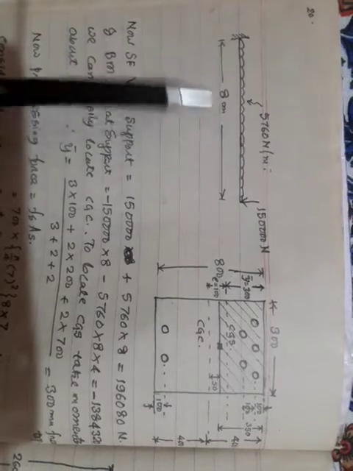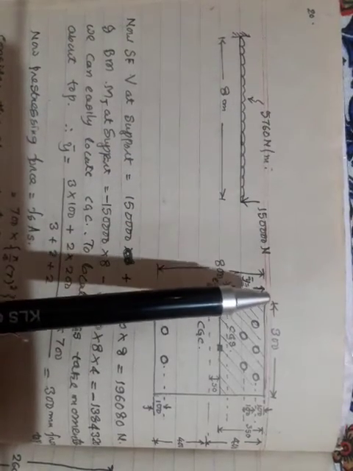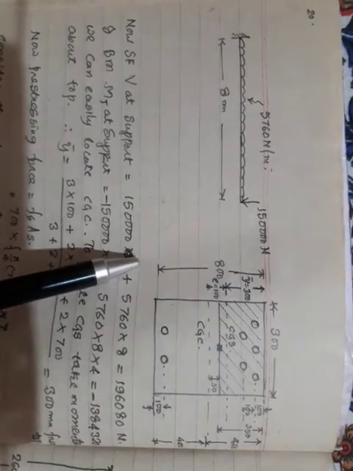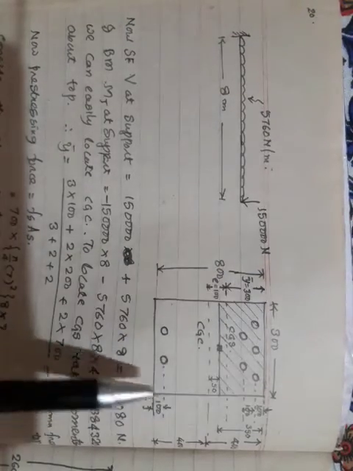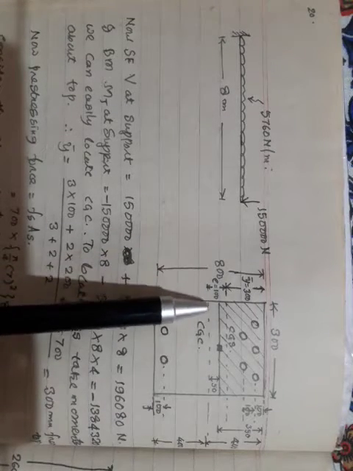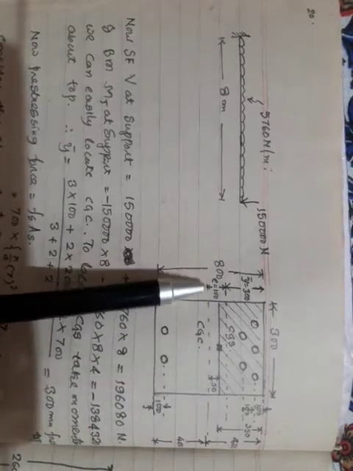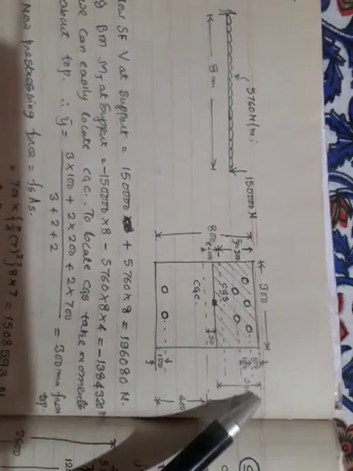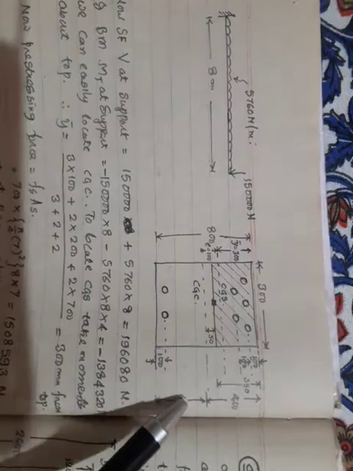The cross section is 300 mm by 800 mm, and since it is a rectangular section, I can easily mark the CGC at 400 mm and 400 mm. Is it right or not?